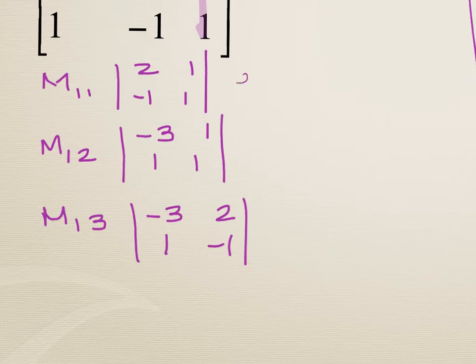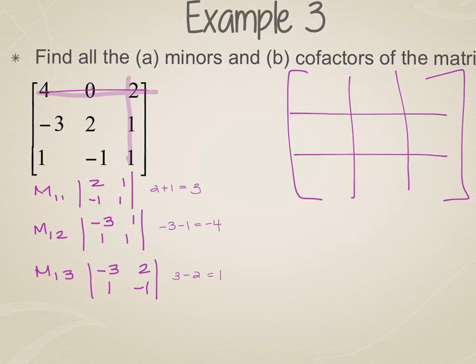So 1 times 2, which is 2, minus negative 1 times 1, which is a negative 1. 1 plus 2 is 3. 1 times negative 3, minus 1, negative 4. Negative 1 times negative 3, minus 2, 1. And that fills my first row. 3, negative 4, 1.